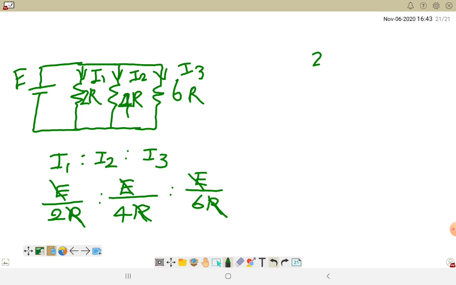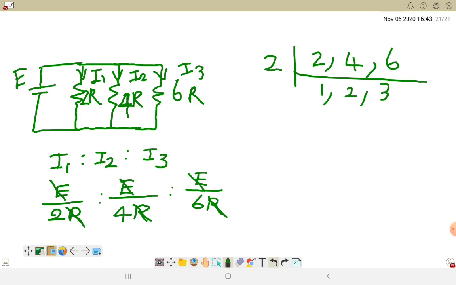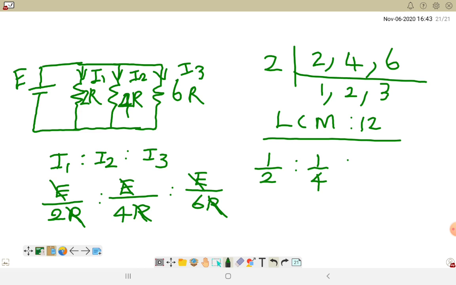Next, I am going to take the LCM for 2, 4 and 6. So 1, 2, 3. LCM is 12. Now 1 by 2, 1 by 4, 1 by 6 is the ratio.